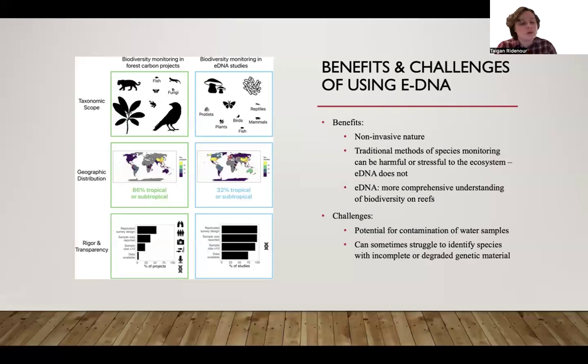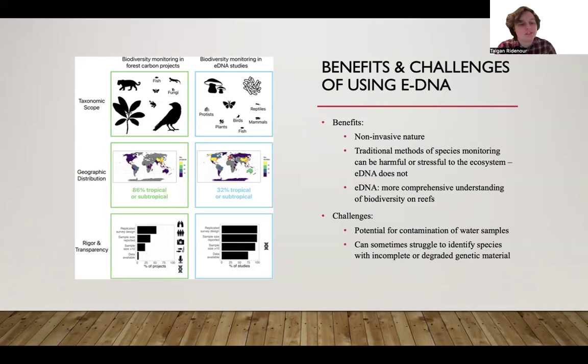So, one of the primary benefits of using eDNA is its non-invasive nature. Traditional methods of species monitoring can be harmful or stressful to the ecosystem by using cast nets, the presence of actual divers, which interrupt the reef function.